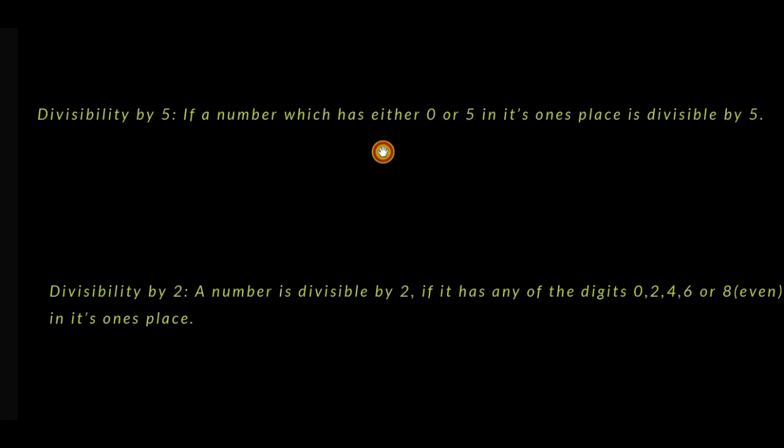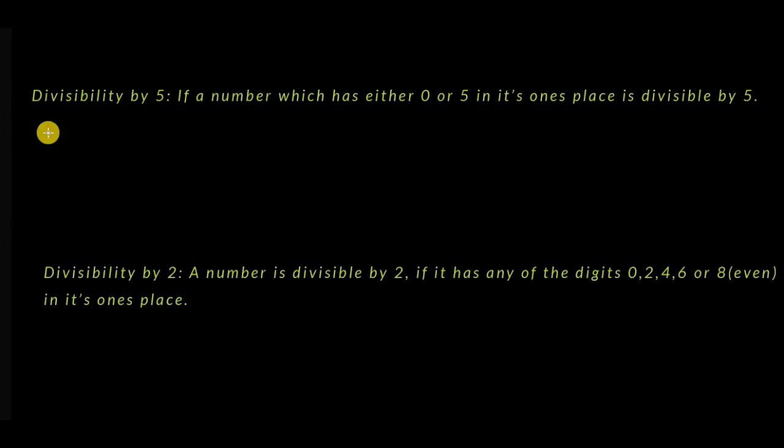Divisibility by 5, let's do it quick. We know that if we multiply 5 by 2 we get 10, 5 times 3 is 15, 5 times 4 is 20, then 25, 30, 35. So these are the multiples, and so on. If we see the pattern, on the ones place we have 5, 0, 5, 0, 5, 0.